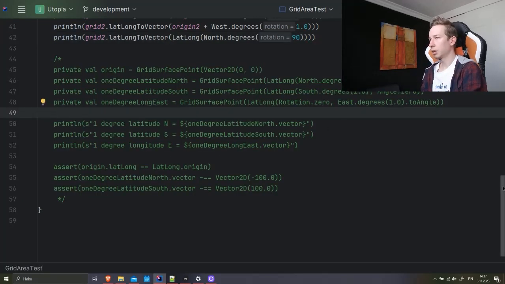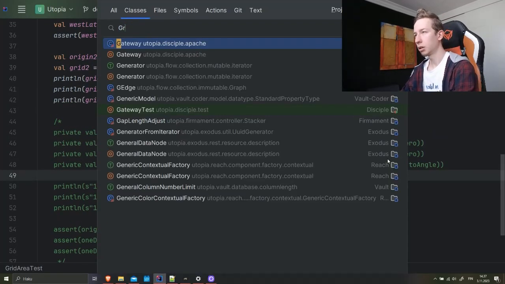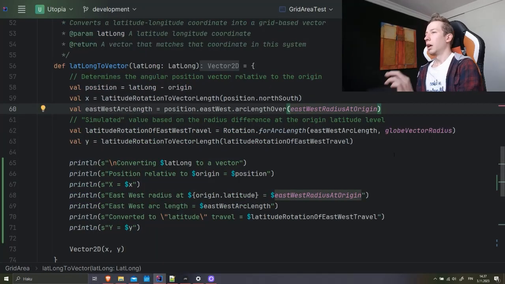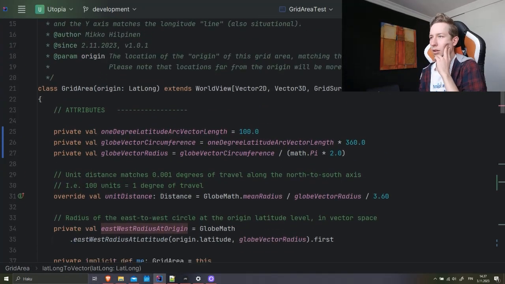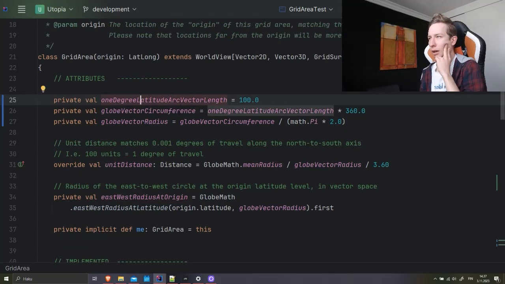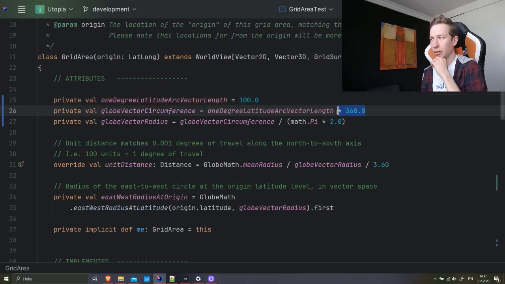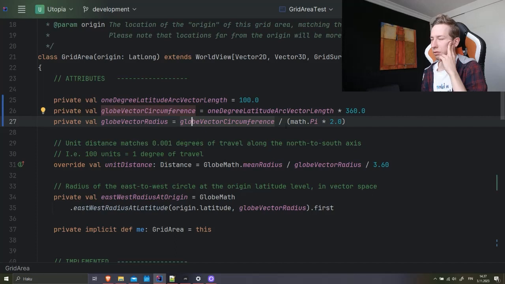So let's go back to the grid area and inspect this further. Here we have declared that this is like 100. Obviously, right now it's 1, so something's wrong. 100 times should be fine. Globe vector circumference.